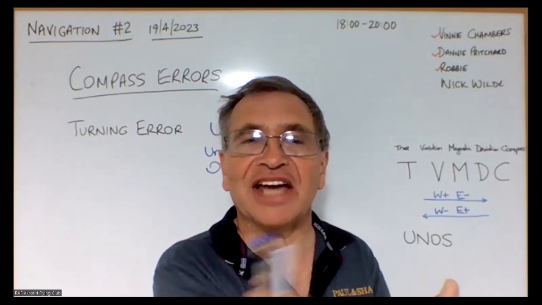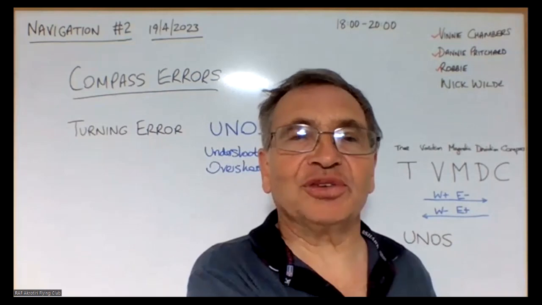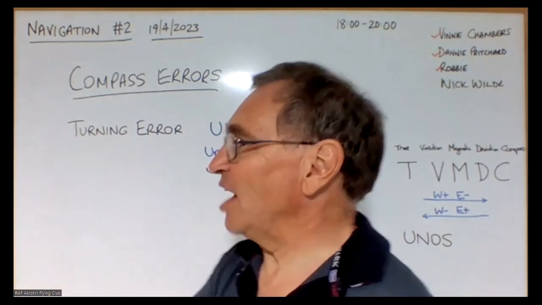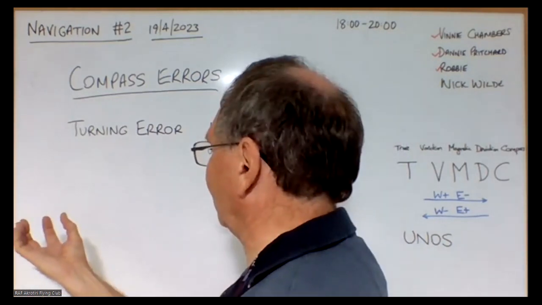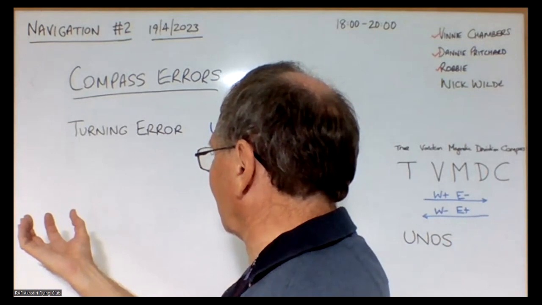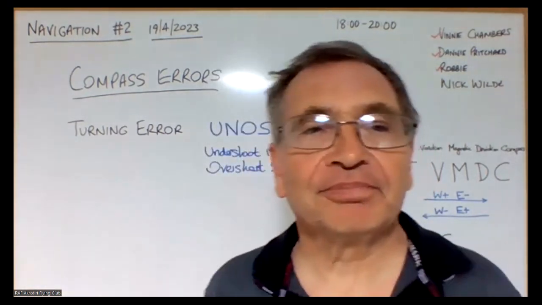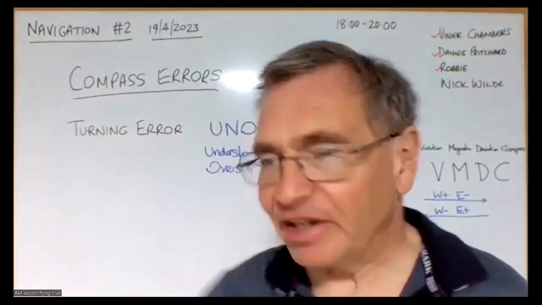And the compass will stay at 090. If I then want to turn onto 270, I'd start turning, I'd hold my compass, here we go, 250, 260, 270, stop. And the compass would continue reading 270. In other words, there wouldn't be a turning error.